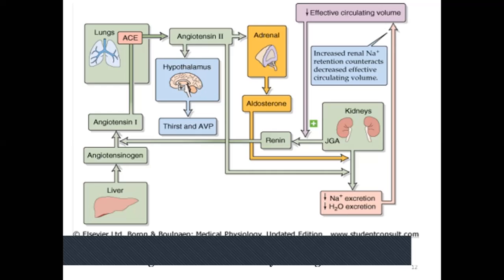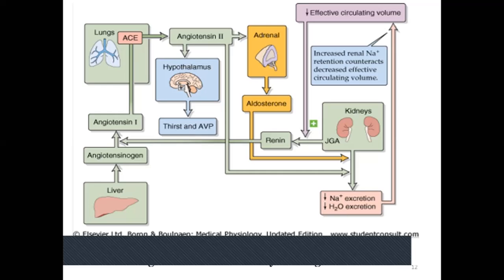It is normally the repetition of what we have seen in the previous semester when we discussed blood pressure regulation. So the RAS system is one of the most important regulatory mechanisms, specifically in the long-term regulation of blood pressure.